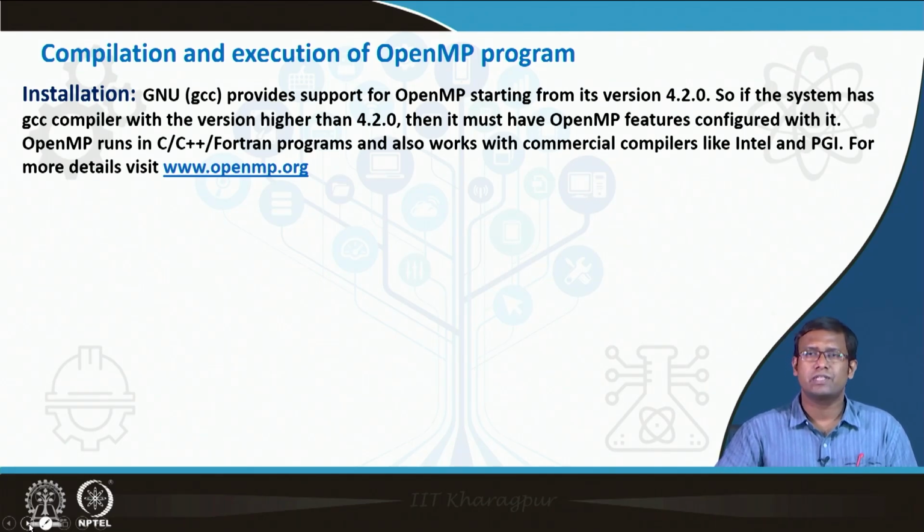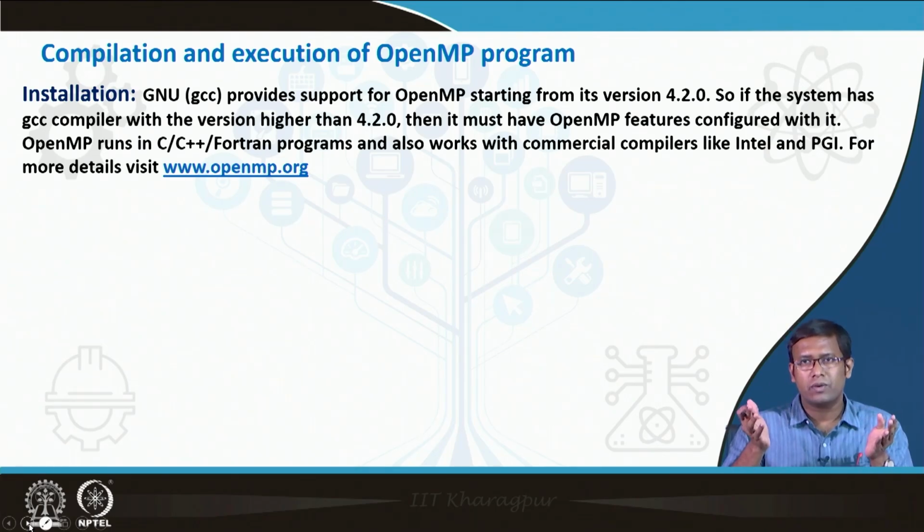Starting from version 4.2.0, GNU has included OpenMP in the GCC release. So if you install GCC, OpenMP is automatically installed there, and you can compile OpenMP programs. GCC version 4.2.0 or higher has OpenMP features configured in it, but only for C, C++ and Fortran. These are the three languages for which OpenMP support is given.